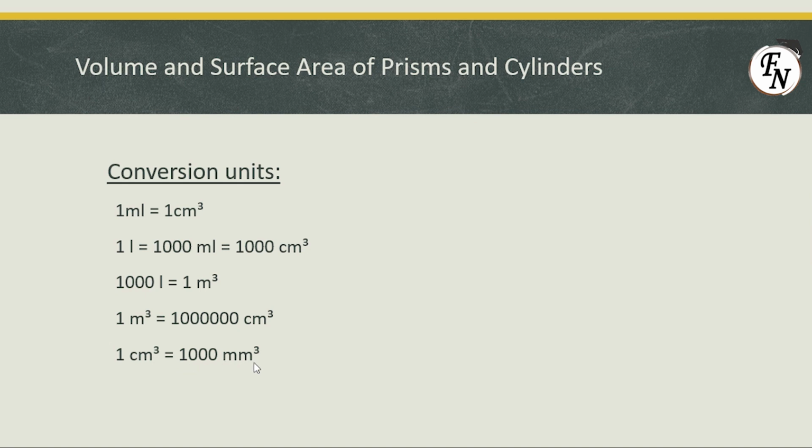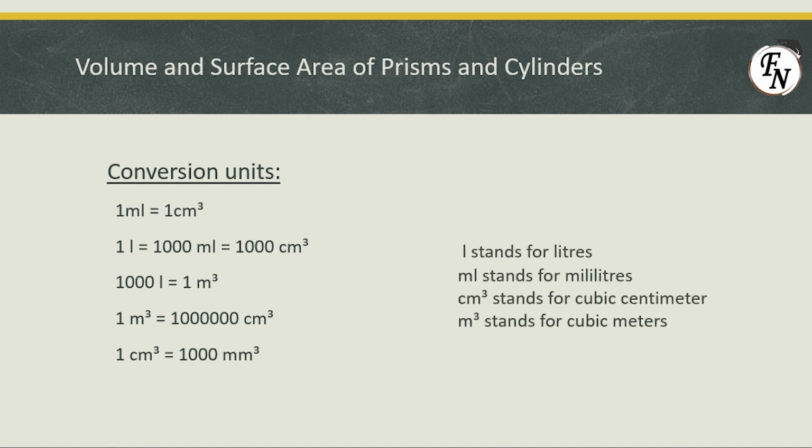Now, if we need to convert the units, let me first write it down for you. L stands for liters, ml stands for milliliters, centimeter cube stands for cubic centimeter, that is the exact name, and meter cube stands for cubic meters.